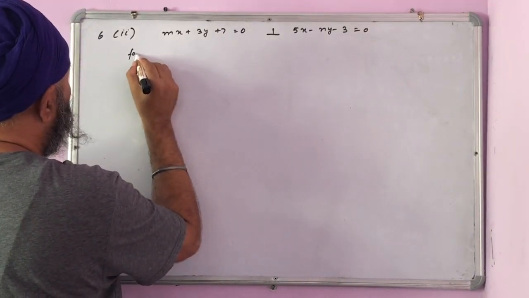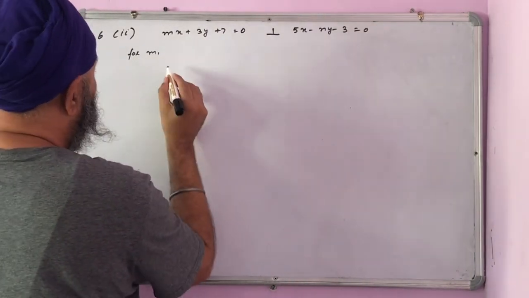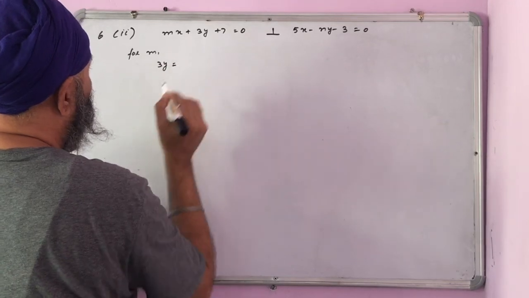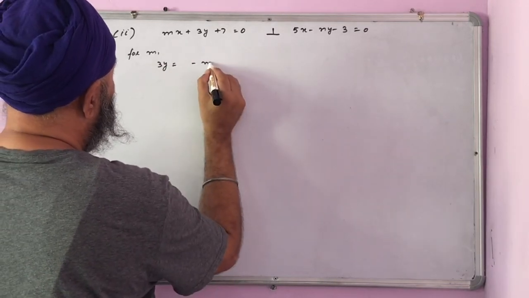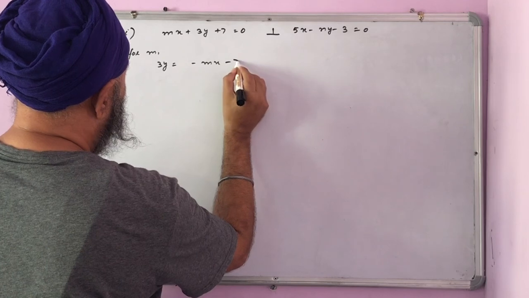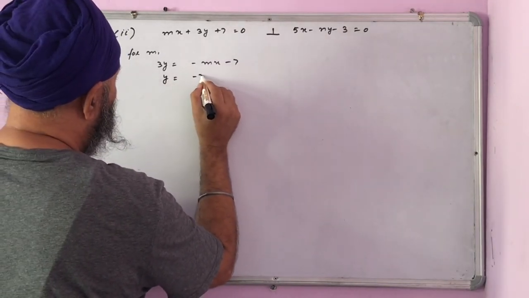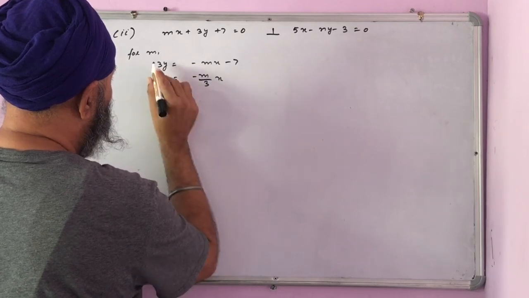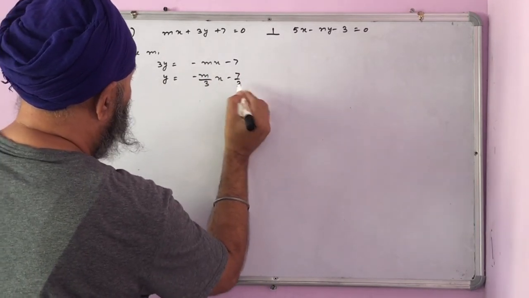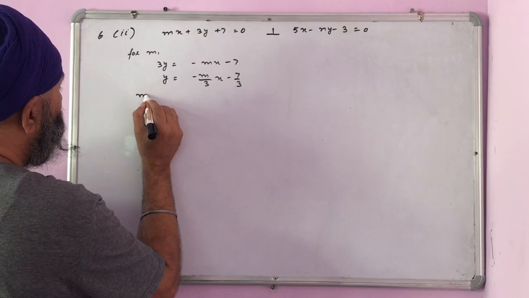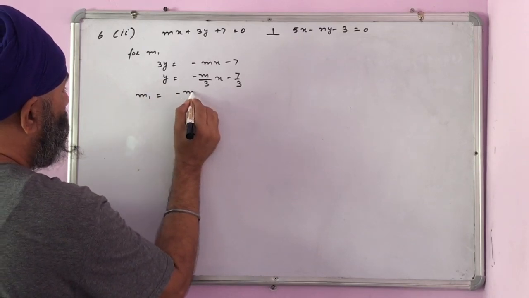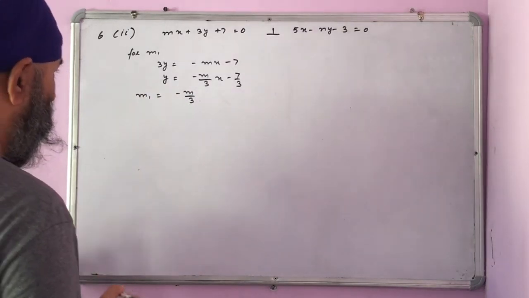For m1, 3y is equal to minus mx minus 7. I make y the subject, minus m by 3 x, 3 will get divided, minus 7 by 3. So m1 is minus m upon 3.